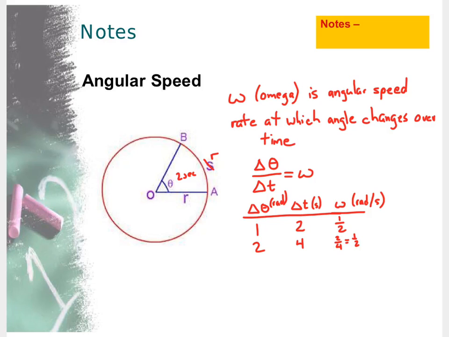Now let's say that I go a little bit faster, so instead of covering 1 radian in 2 seconds, let's say I cover 5 radians in 2 seconds, then omega would be 5 divided by 2, which is equal to 2.5 radians per second. Okay. So now we're caught up on angular displacement and angular speed.